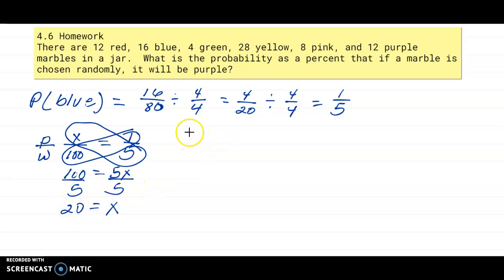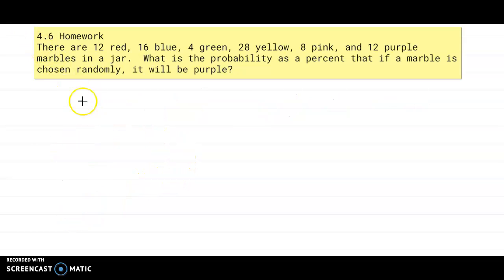So the probability of a blue marble is equal to 20%. Now if I didn't reduce at any point, I could have set a proportion up like this with 16 over 80 here, or I could have done it with 4 over 20 here. It really doesn't matter. I still would have gotten the same answer. I still would have gotten 20 as my answer.